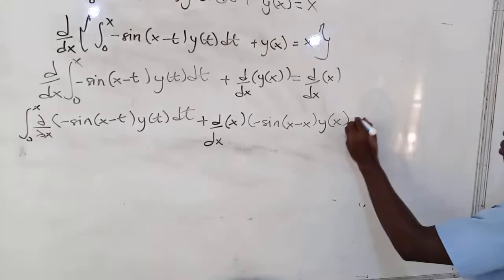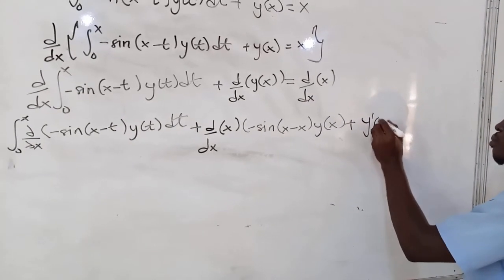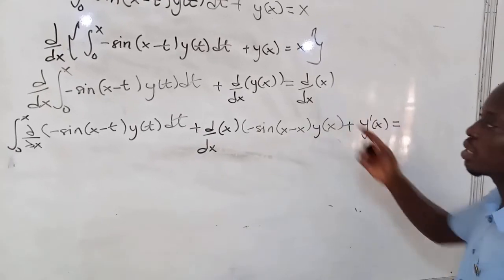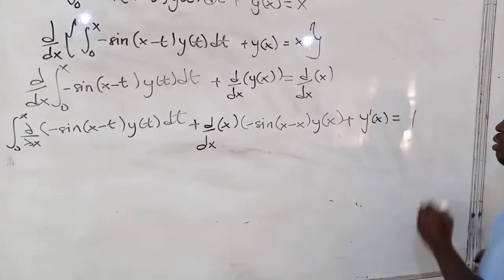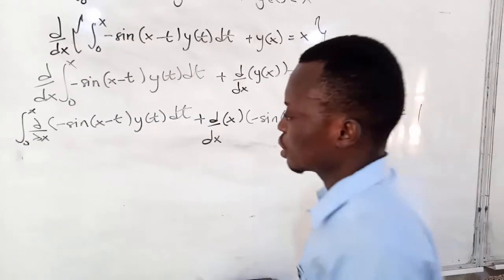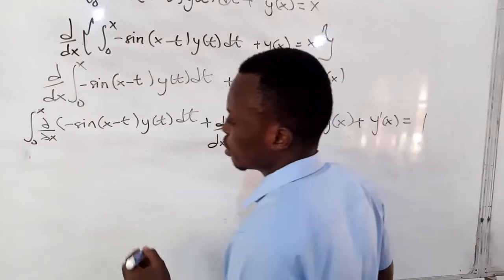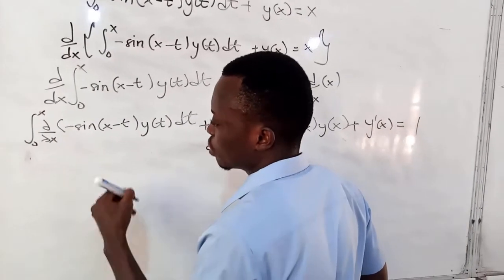So plus, if you differentiate y(s), you get y prime of s. If you differentiate this s, you are going to get 1. And this side becomes, if I differentiate cos, I get minus sine, and if I differentiate sine, I'm going to get cos.